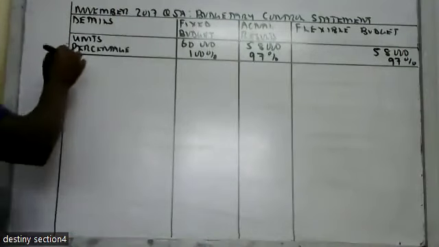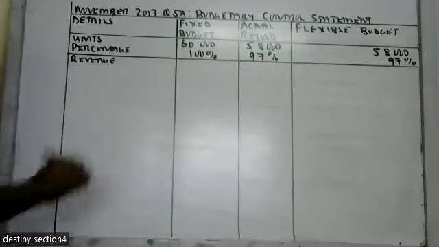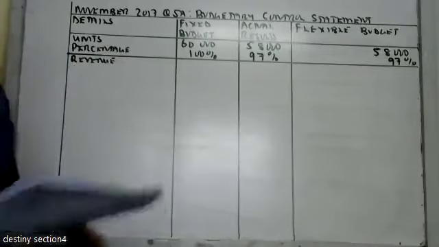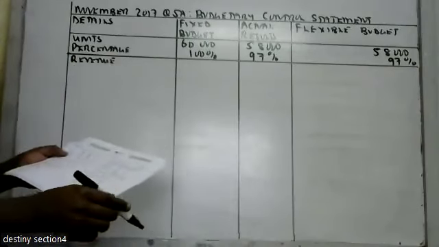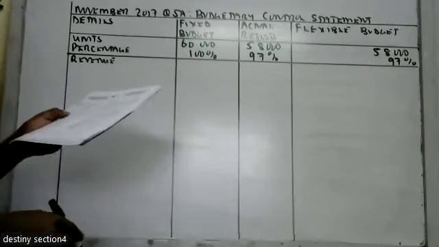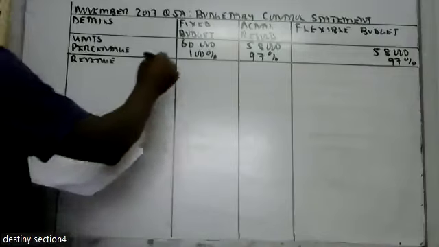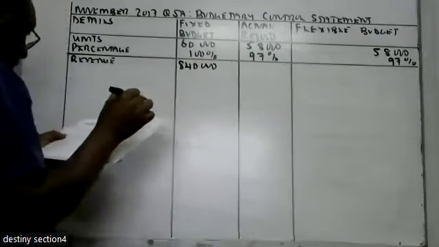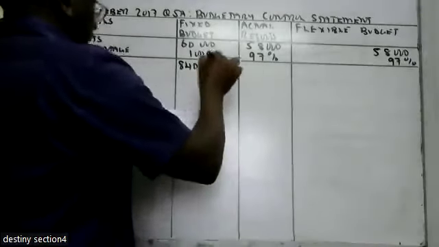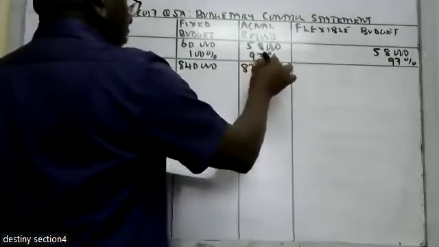Then we bring the revenue. So this is 840,000 and this is 823,600.